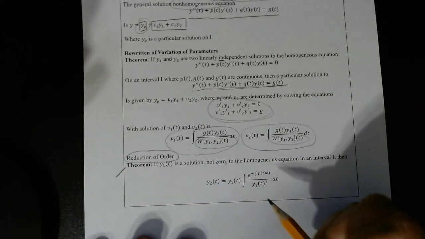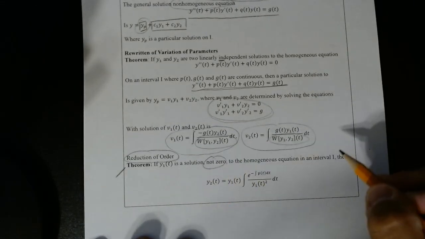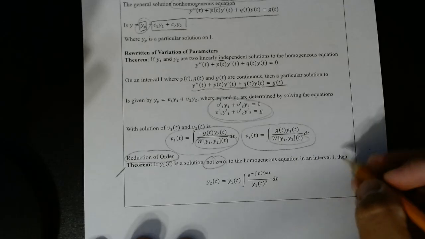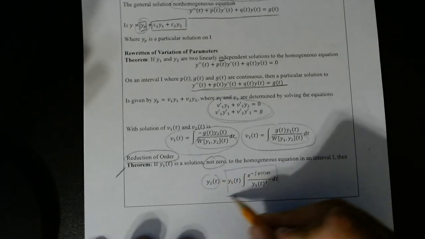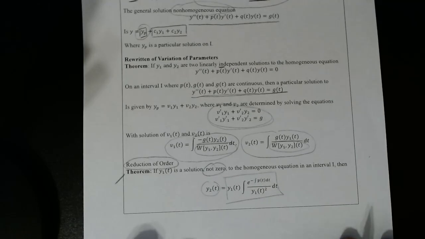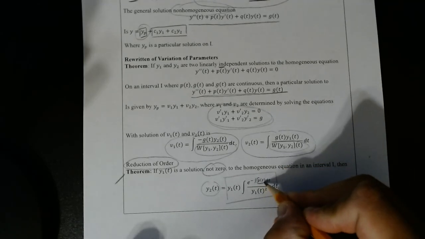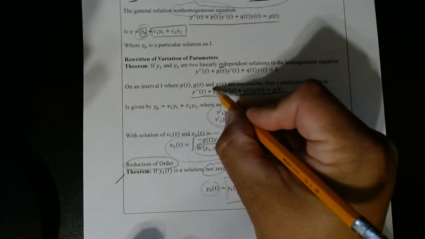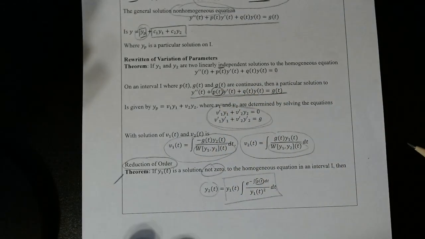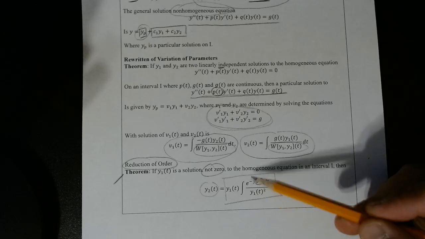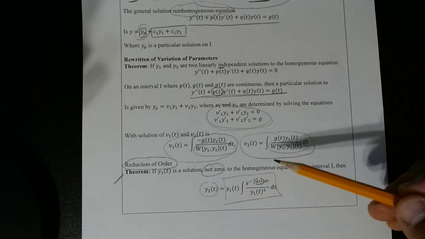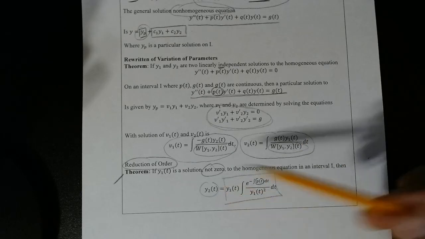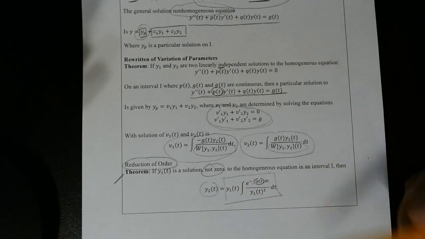So again, if y1 is a solution, not 0, obviously, to the homogeneous equation, then we can find another one using this equation, okay, where p of t represents this p of t in the equation itself, in a differential equation. Now, I'm not saying this could be fun to actually integrate because it's a double integral, but it's an alternative to find a different one, and this guarantees you linear independence, which is the best part.